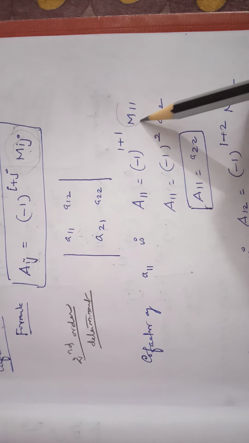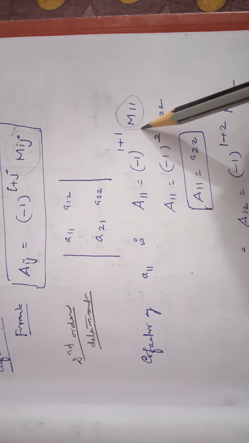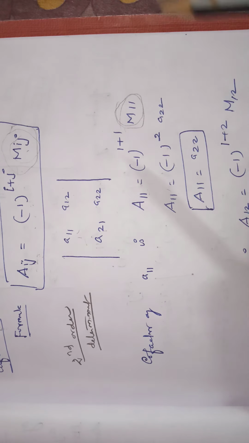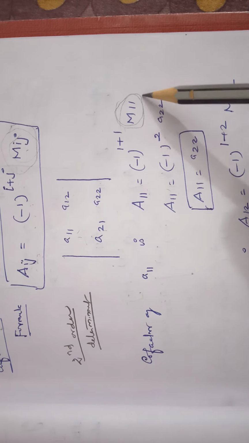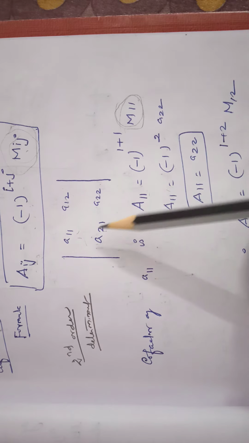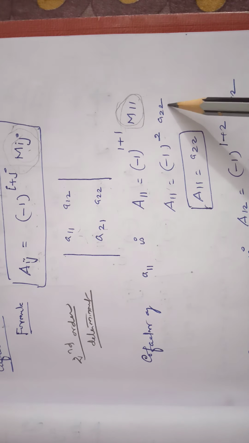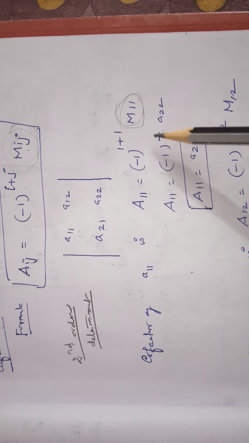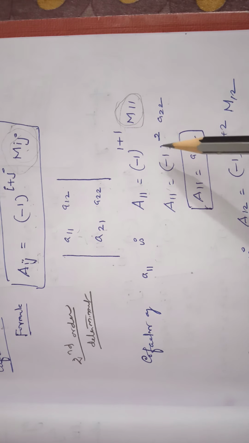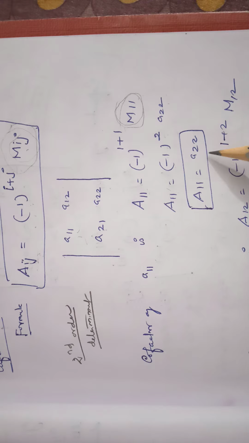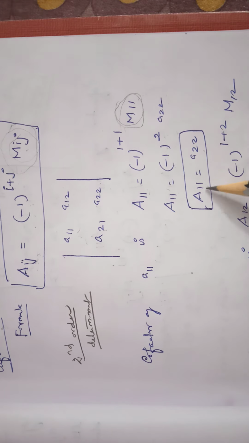The M11 means the minor of this determinant. So the minor of A11 is A22. Minus 1 whole square is minus 1 into minus 1, which is plus 1. So 1 into A22 is A22. So the first cofactor value A11 is A22.